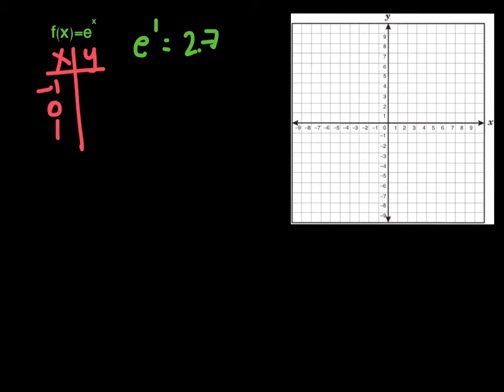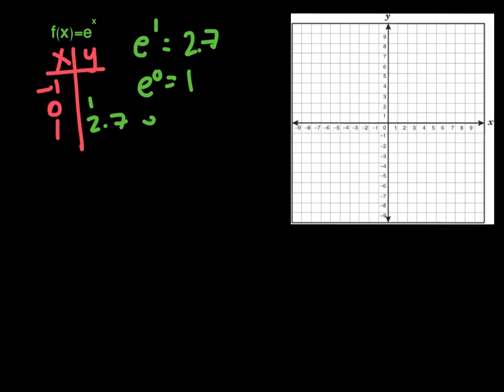Okay, next we're going to graph e to the x. So our parent function for e to the x, we're still doing -1, 0, and 1. And I said on the other screen that e to the first, and I'm going to do this one backwards, is 2.7. e to the 0, anything to the 0 power is 1.